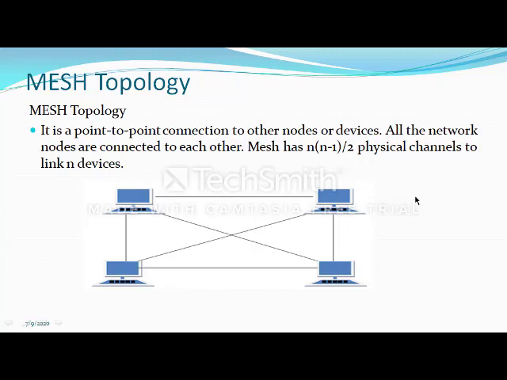So each and every node is connected to each other. It has n into n minus 1 by 2 physical channels to link n devices. Suppose here there are 4 devices. How many physical channels are required? 4 into 3, 12 by 2, 6 physical channels.